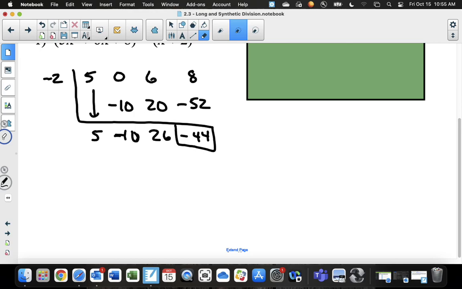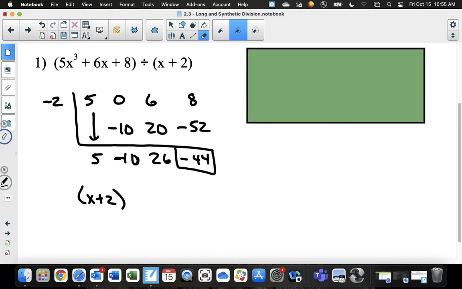Negative 2 we said was the 0. Therefore, x plus 2 is the factor. All the numbers on the outside are your factors, basically. Here's the idea. We started with a cubic function. Every time you do synthetic division, the numbers below the line are the coefficients of 1 degree less.